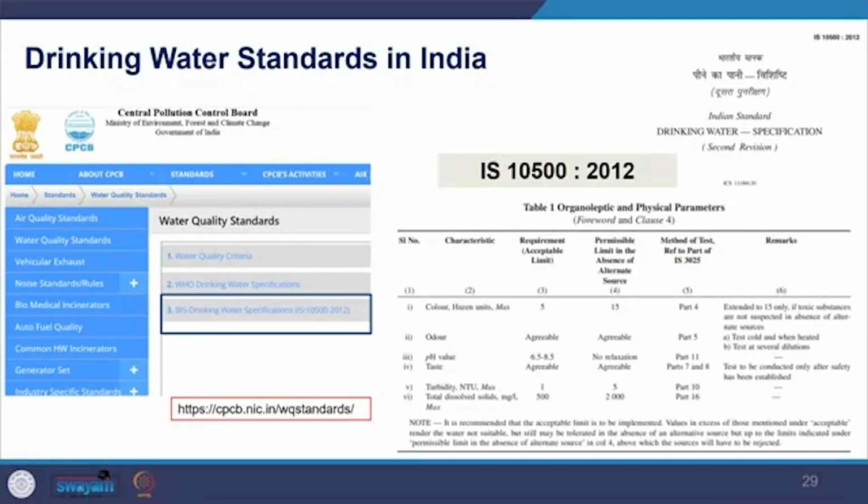In India, you find the Indian standard for drinking water specification, which provides permissible and desirable limits for various parameters in drinking water as per the Bureau of Indian Standards, BIS. These provide specifications for potable water.